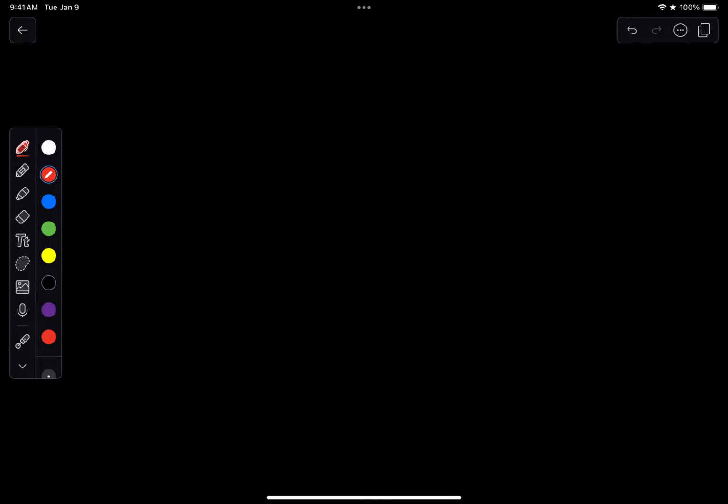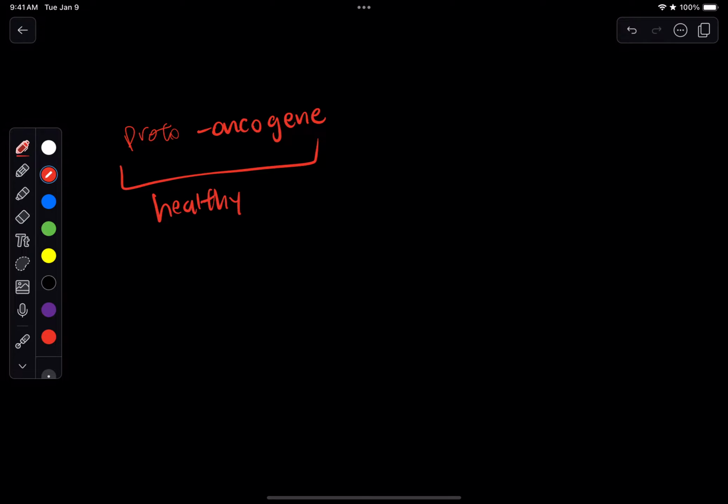The normal version of the gene is called a proto-oncogene. Proto-oncogenes are the healthy, normal ones, whereas oncogenes are the cancerous ones.